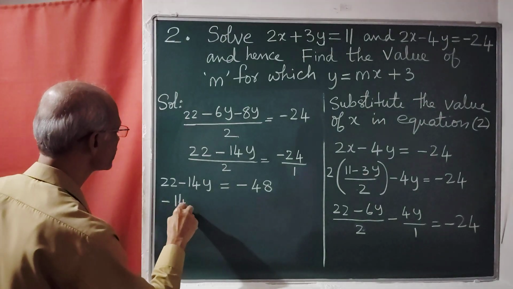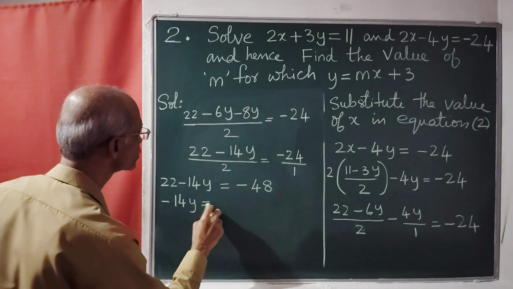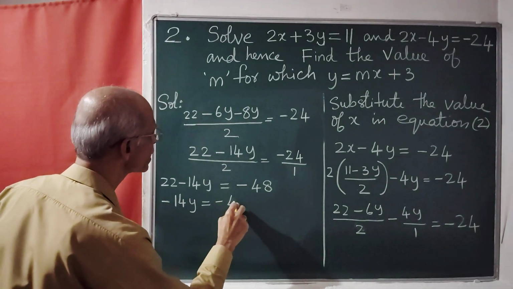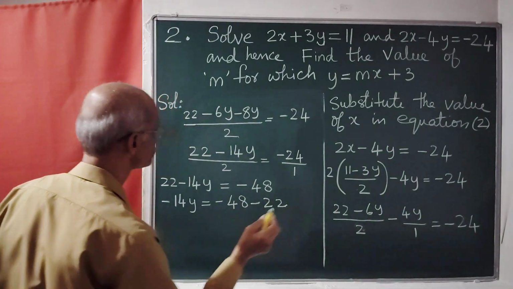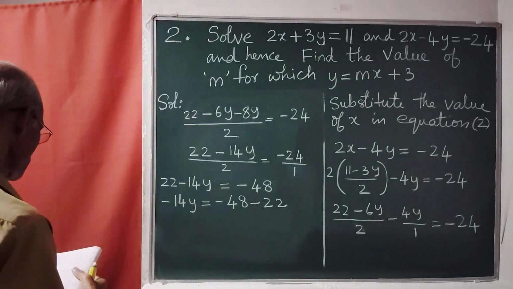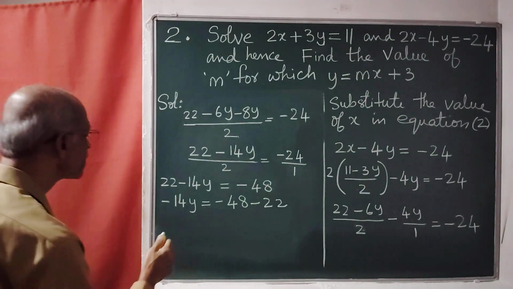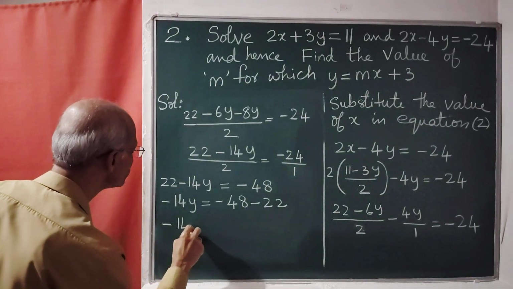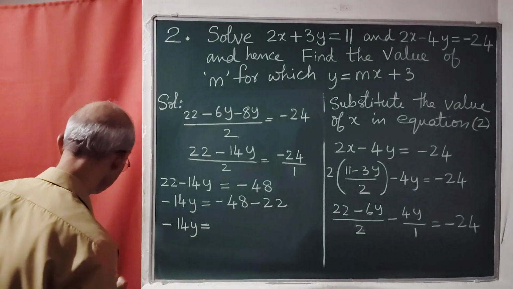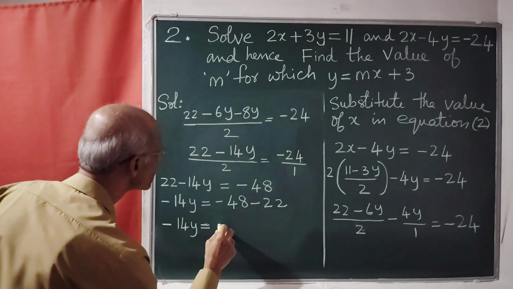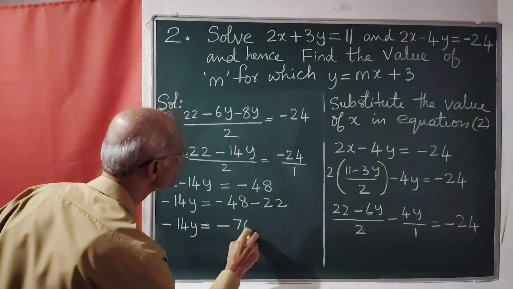Minus 14y will be equal to minus 48 minus 22. Minus 14y will be equal to minus 70.